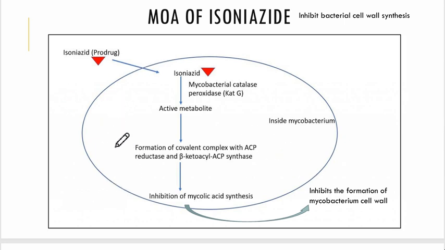So this is how isoniazid works, by converting itself into an active metabolite which forms a covalent bond with the ACP reductase and the enzyme beta-ketoacyl ACP synthase, and that leads to the inhibition of mycolic acid synthesis, which is an essential component of the mycobacterium cell wall. The peptidoglycan layer is also involved, which leads to the inhibition of the formation of the mycobacterial cell wall.